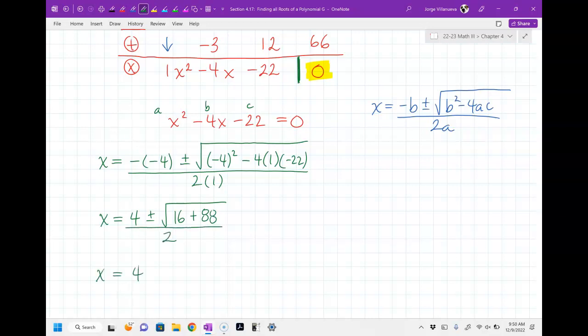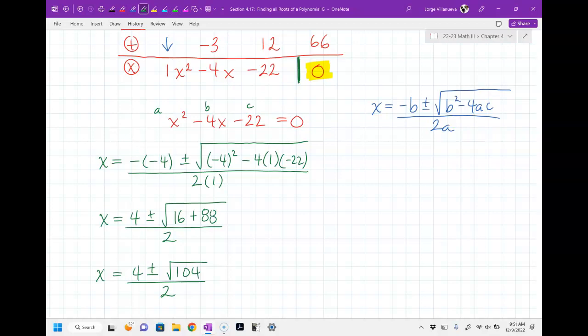So x is equal to 4 plus or minus the square root of 88 plus 16, that's going to be 104, over 2. Let me just check something. I'm just curious to see if there's a nice value for that, or if that's basically where you're going to stop.